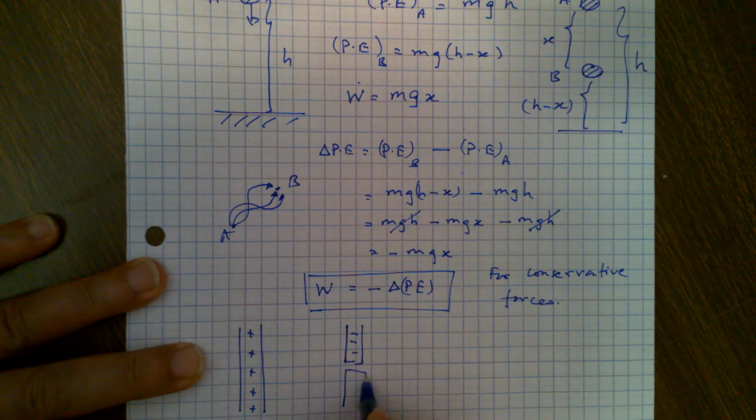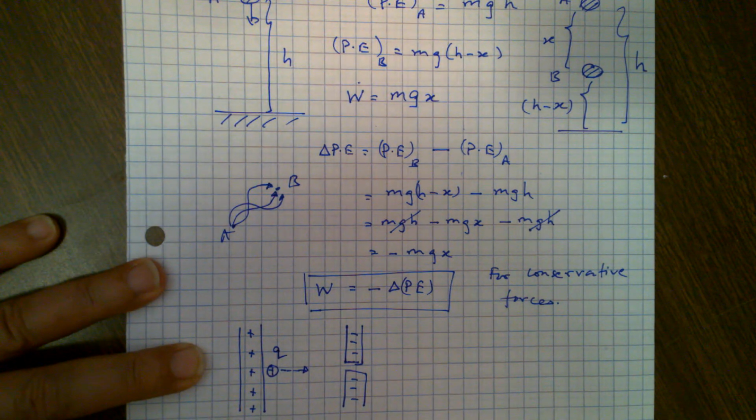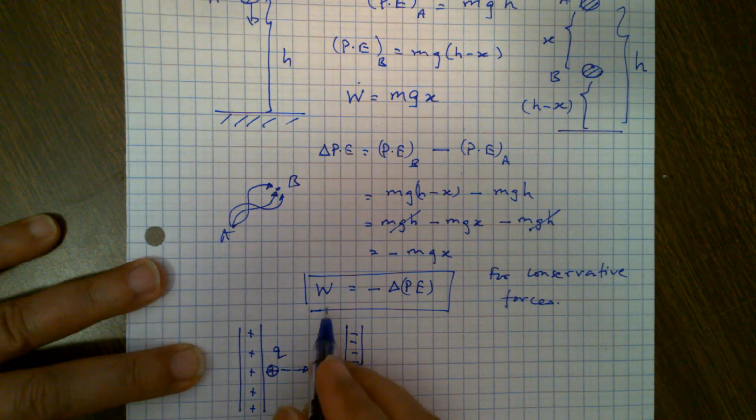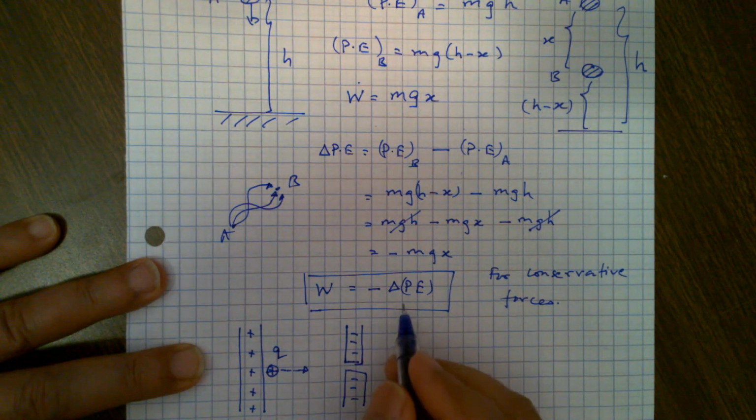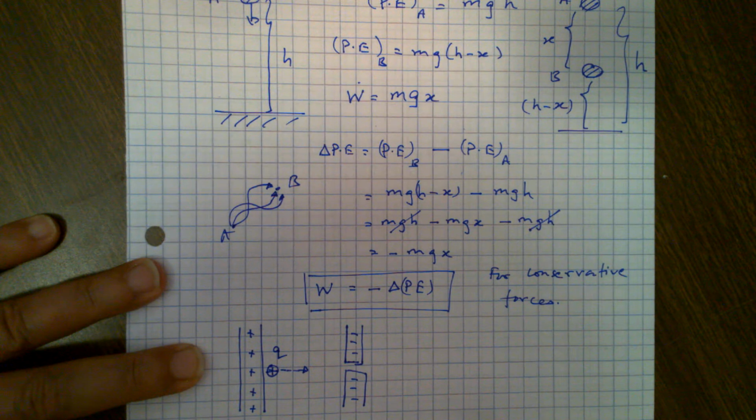And just like in your book, I'll make a little gap so you can imagine this charge will be accelerated through this little gap. So this little charge has charge Q. Then when it goes from this point A to this point B, then electric field will have done work on it. Then the work done will be equal to negative change of PE.